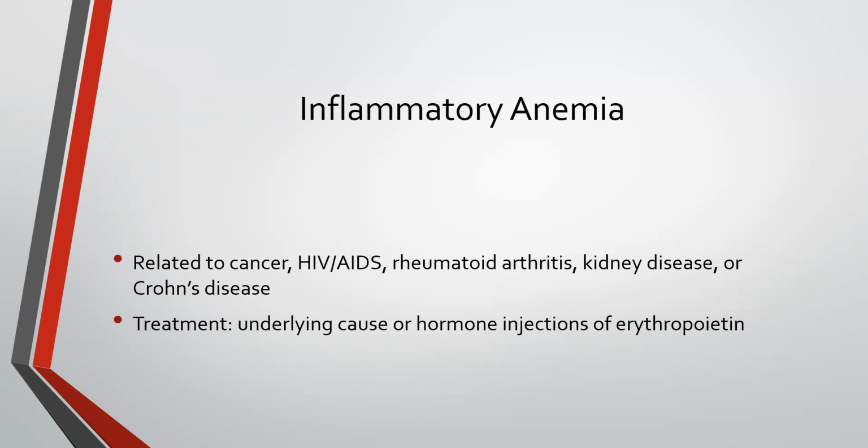And typically how we treat this is we treat the underlying cause. So typically we're going to give a hormone injection of erythropoietin. Remember I told you earlier, erythropoietin is that nice little hormone that the kidneys are responsible for letting go of in order for the bone marrow to stimulate red blood cells.